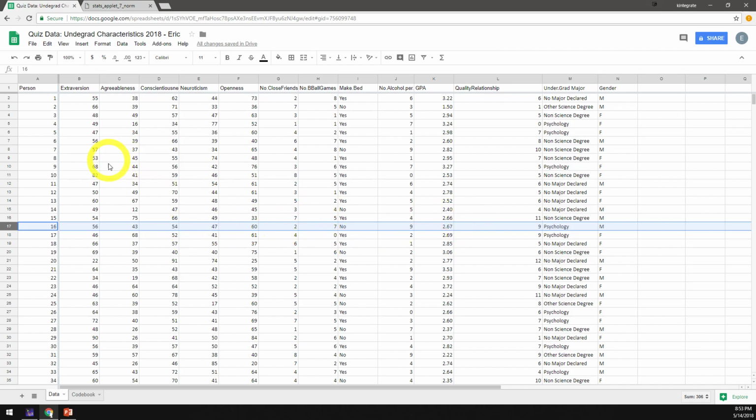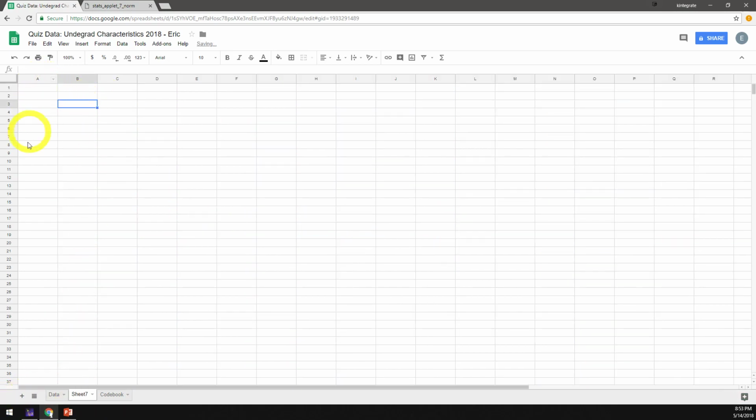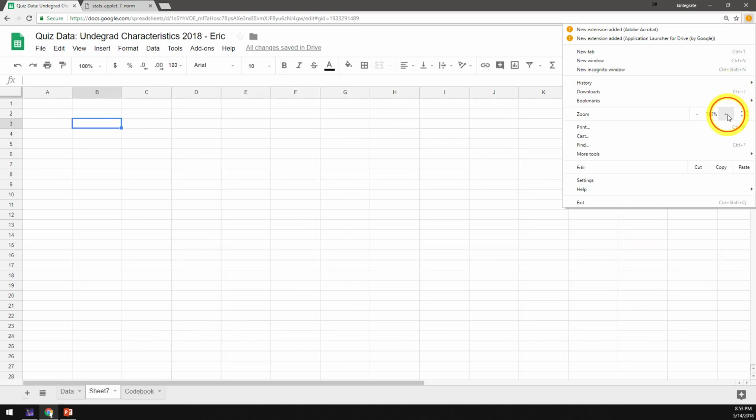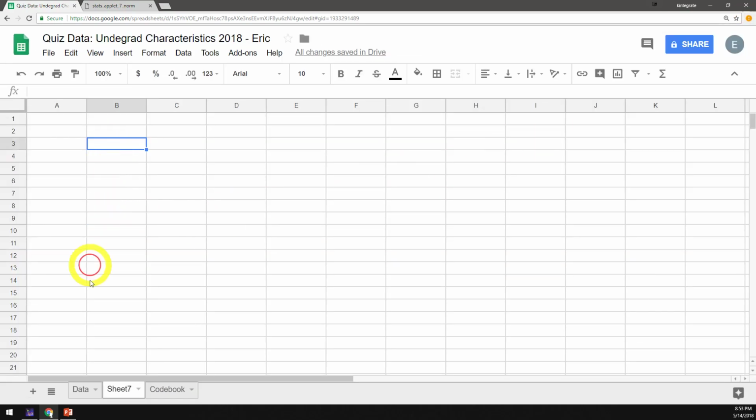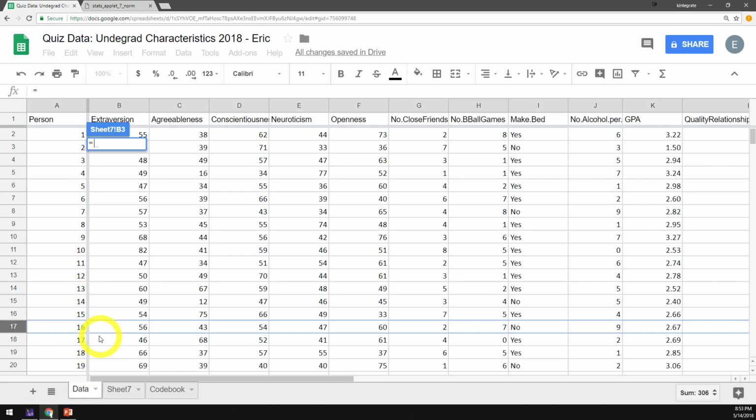So what we're going to want to do is create a new sheet where we're going to make these calculations. Let's first pull the value, and let's make this a bit bigger to help you out. Let's pull the value from the previous spreadsheet. We hit equals, and we go to observation, or person, 16, and we want to measure conscientiousness.